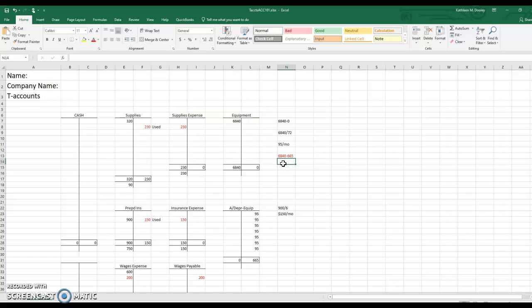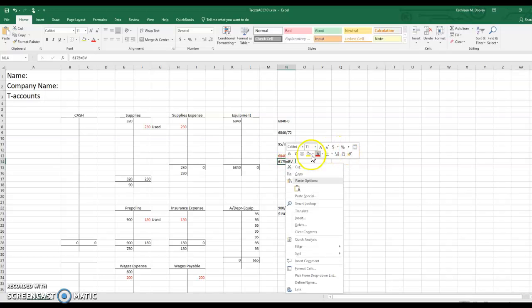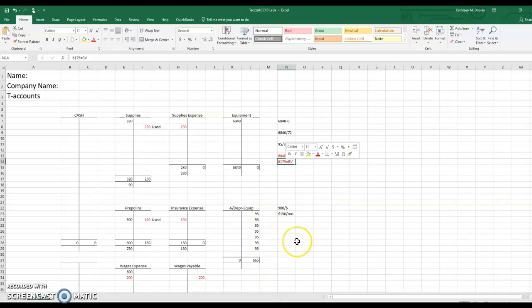And so if I take $68.40, the original cost, and I subtract the $665, I get 6175. And that equals our book value. Now, I'm not doing a journal entry here, I was just calculating out the book value.